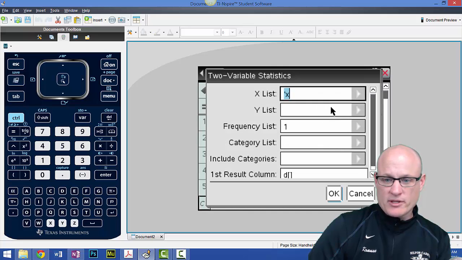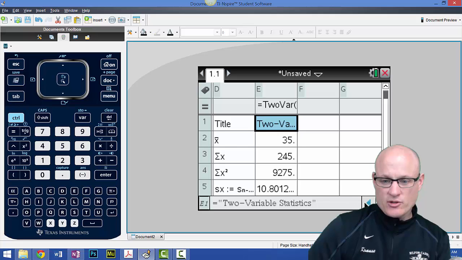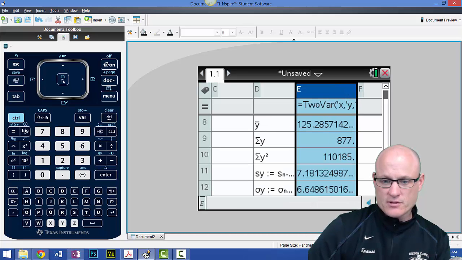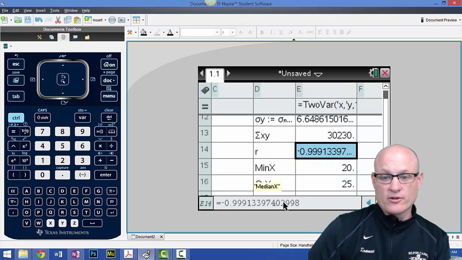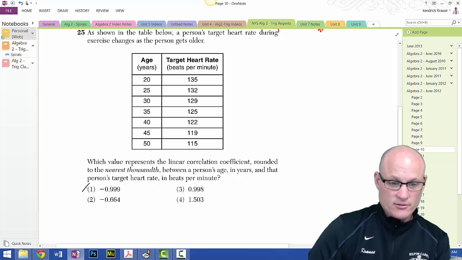My first number will be x, my second number will be y. Do we find a correlation? So one thing I'll do is stretch this a little bit, scroll down, and r is the correlation coefficient, negative 0.999. Choice 1. There's my correlation coefficient.